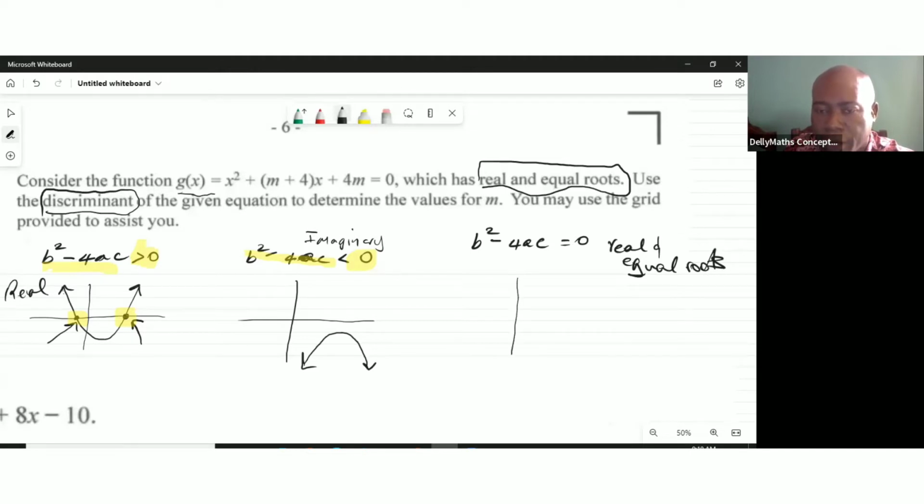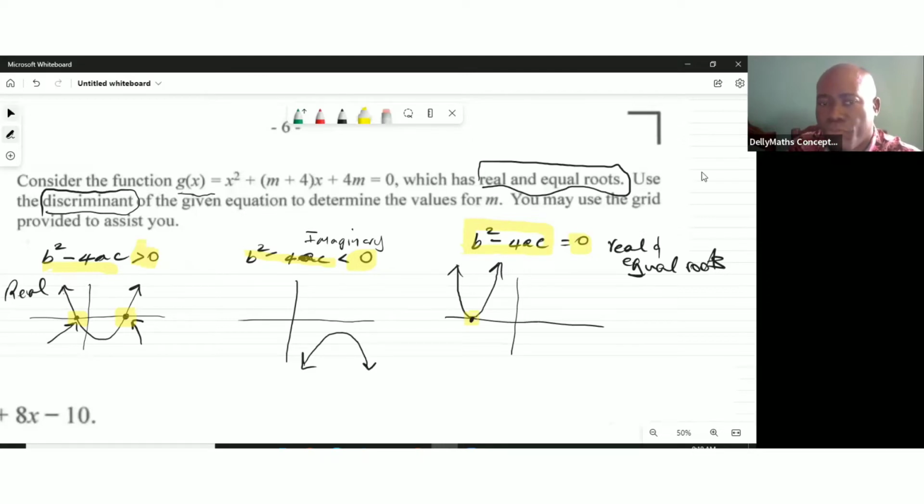That's a case where the curve does not cut through, but just touches the x-axis and goes. So we will have equal roots right at that spot. That's the case we're going to investigate, where b squared minus 4ac is equal to 0, and that's going to help us walk out of this problem.